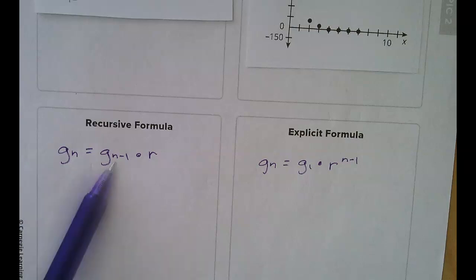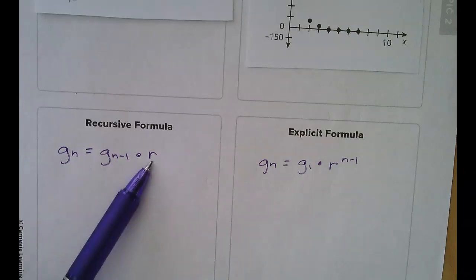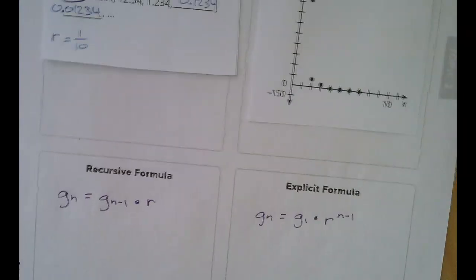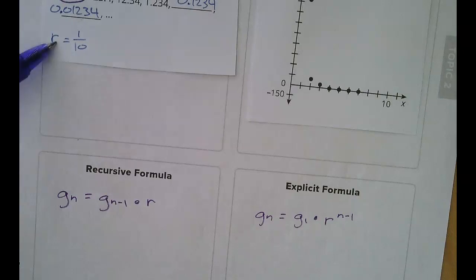So we're just plugging in the values. We're plugging in our r value in the recursive formula, and remember our r is 1/10.